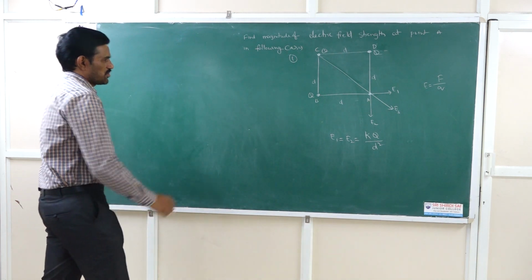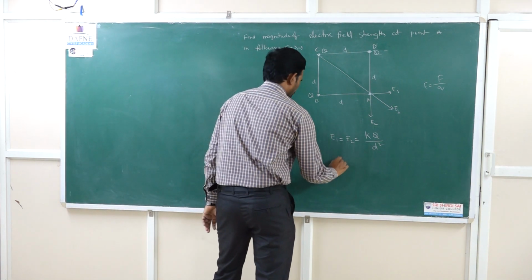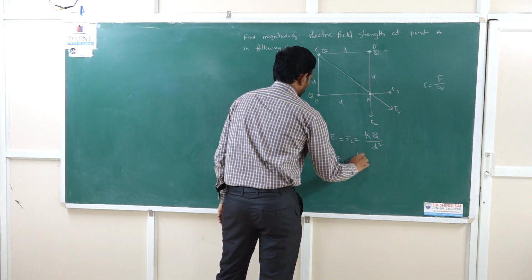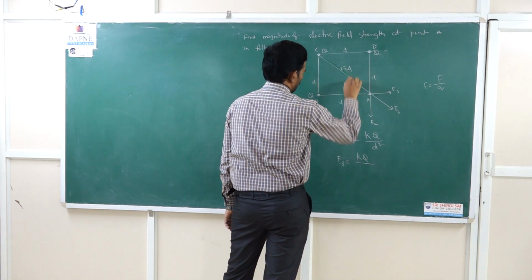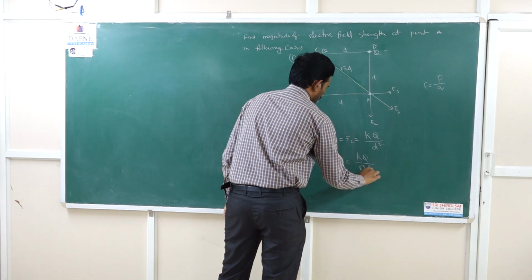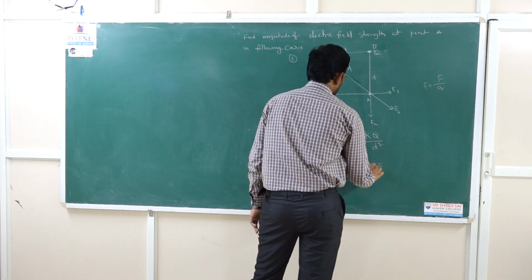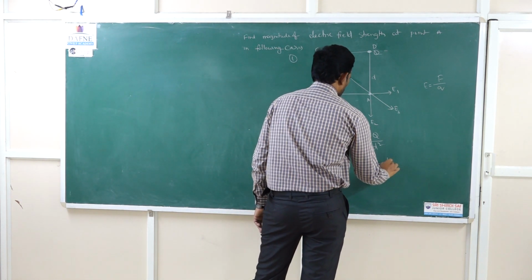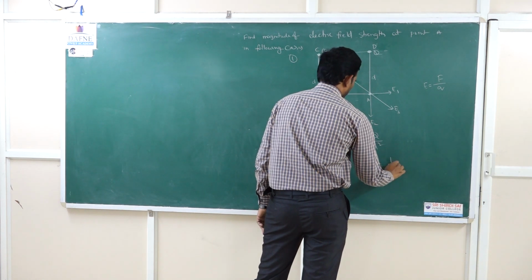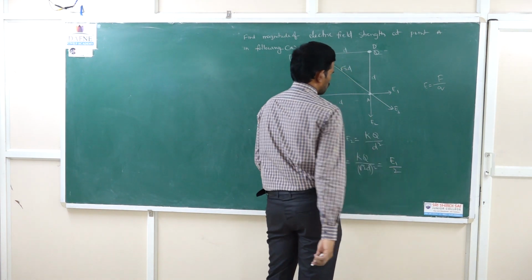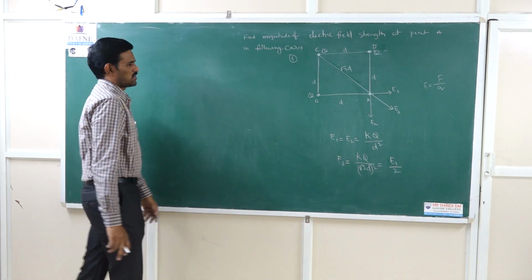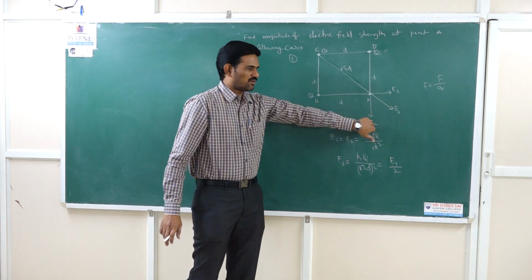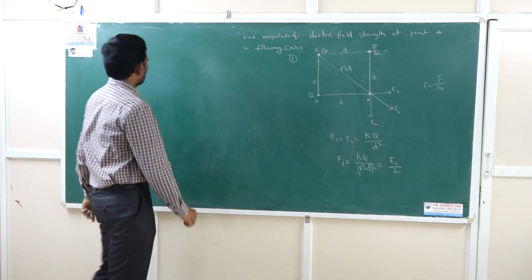Next the E3 expression: KQ by this distance, which is now root 2 D, so KQ by root 2 into D whole square. I can express this as E1 by 2, because KQ by D square is E1. First we find the resultant of E1 and E2, so let us find the resultant of E1 and E2.